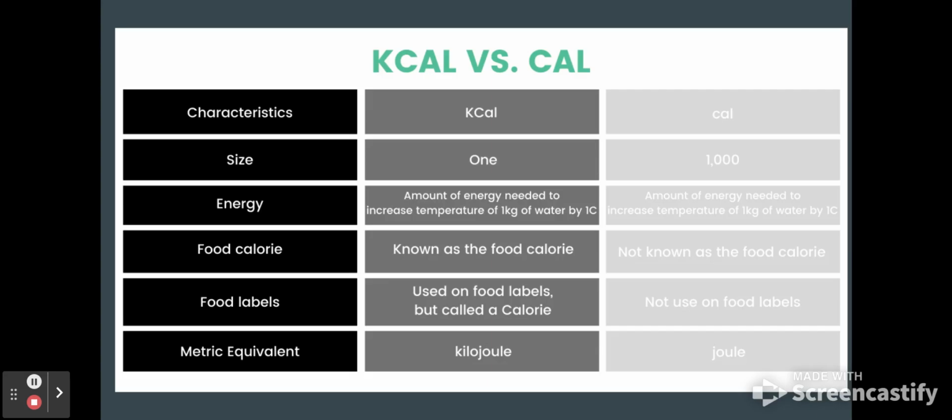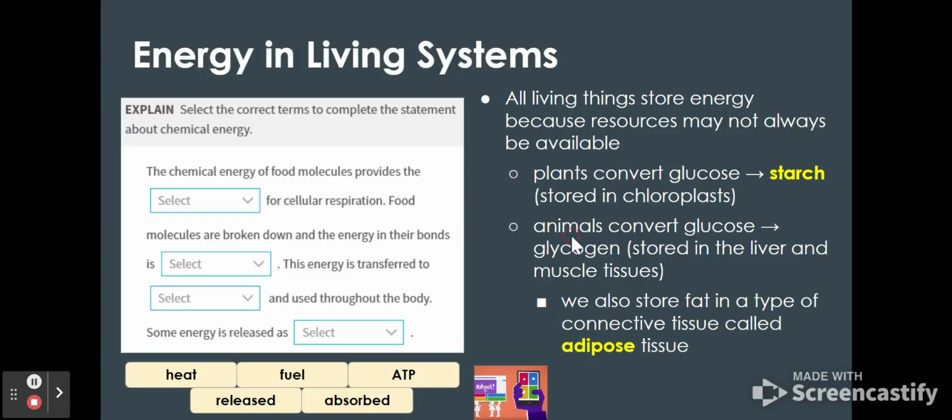Basically, the kilocalorie, the kcal, is the kind that you'll see on the food labels. That's the kind we're familiar with. Lowercase calories are basically like, it takes about 1,000 of those to make one of the Calories that you eat. Okay, so just understand that this is basically what it means. Okay, and so those are the separations there.